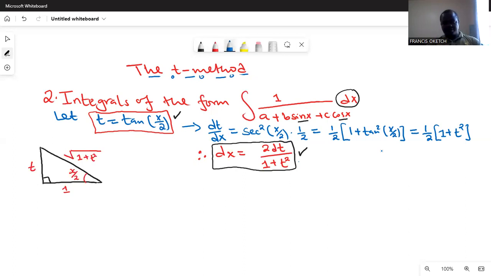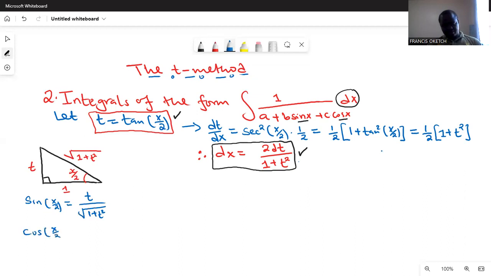We can read it straight away from the triangle. Remember SOHCAHTOA, that is opposite over hypotenuse. So opposite is t, hypotenuse is the square root of 1 plus t squared. I also need cos x over 2.